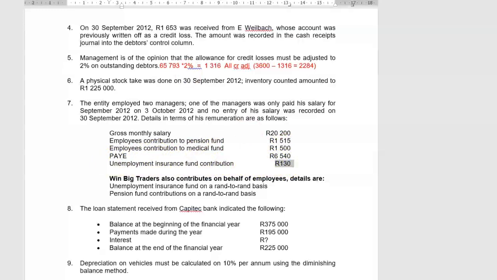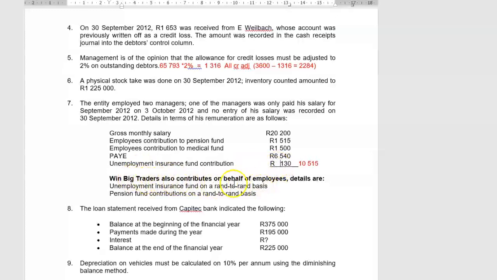So if we're going to determine what his net salary was at that point of time, we could have said, well, his net salary, 20,200, less all his contributions, gives us a total of 10,515. Now that 10,515, his net salary, is going to be creditors for salaries as at the end of the financial year. Good.